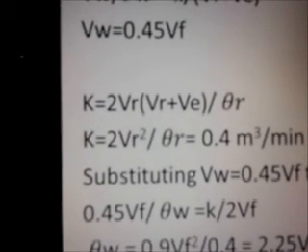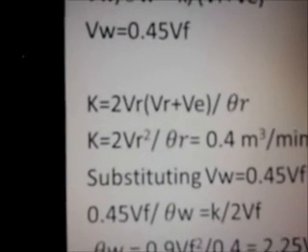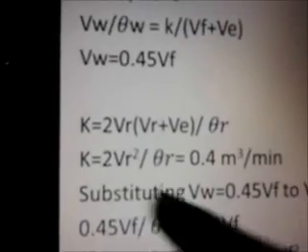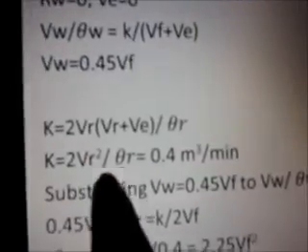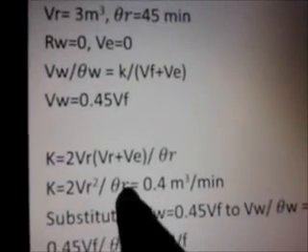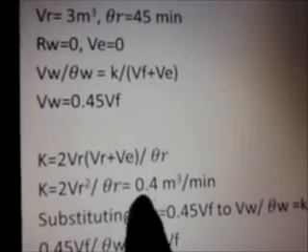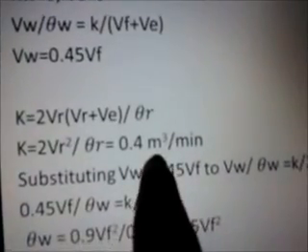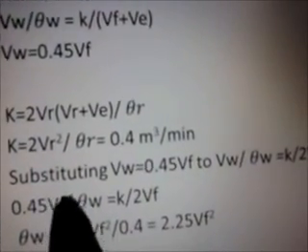And now we have the value of Vr and theta R. So just kindly put all the data here. Then you will have the value for K, so 0.4 meter cube per minute.